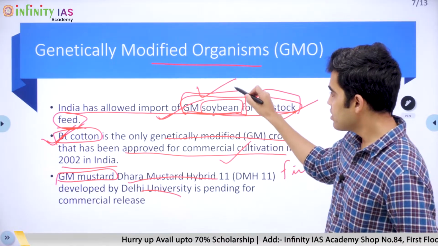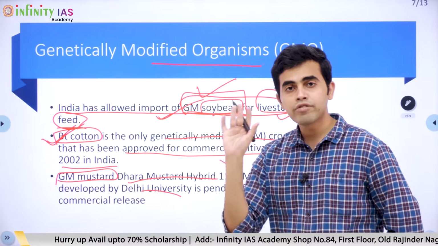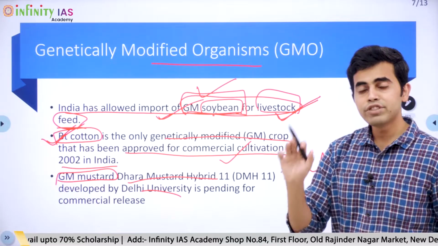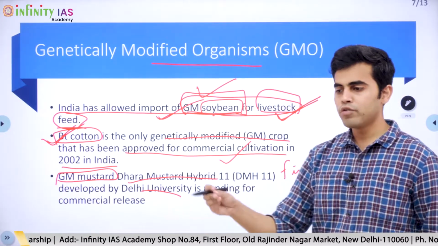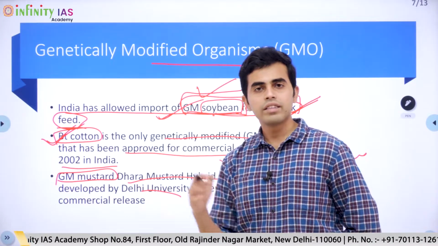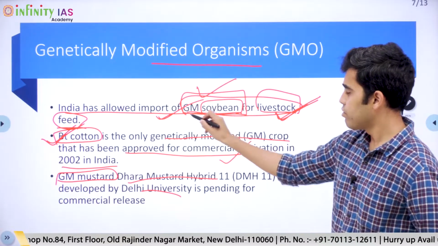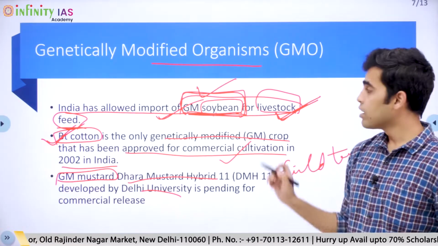That means this imported genetically modified soybean cannot be used for human consumption but only can be used as livestock feed. Livestock feed means it can be used to feed the poultry or cows. That is one of the applications for genetically modified soybean.